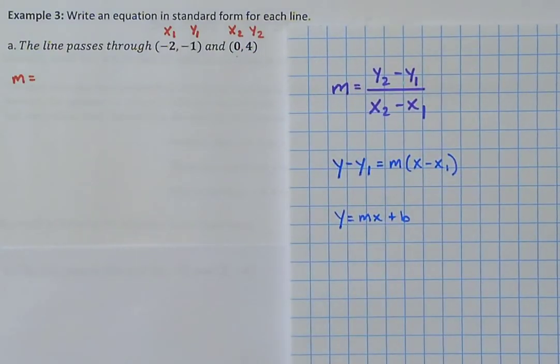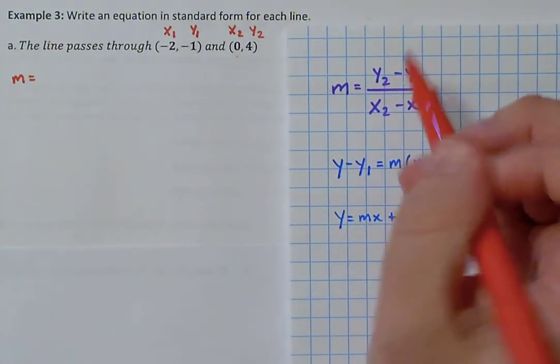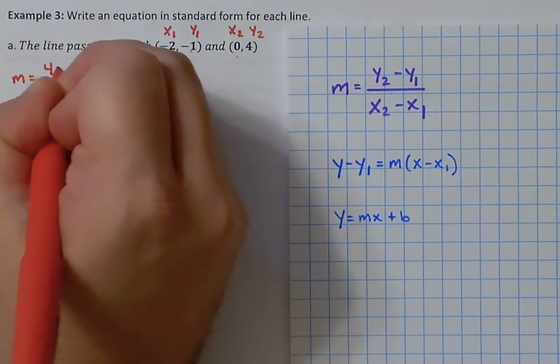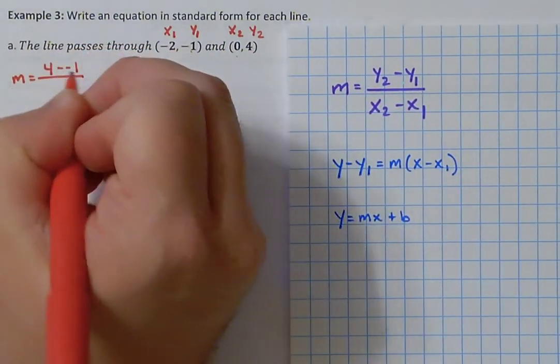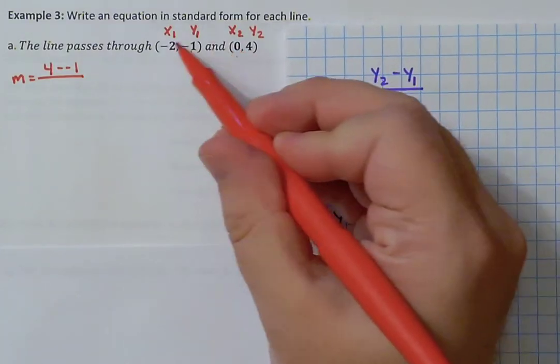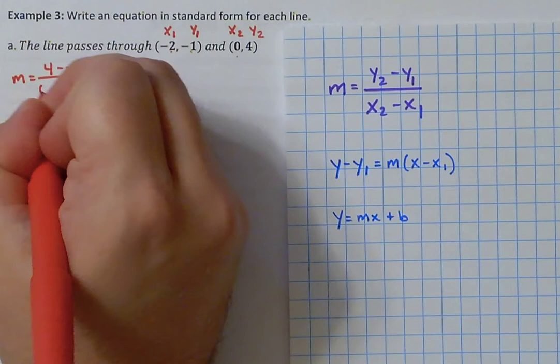So my slope formula is y2 minus y1. So that's going to be 4 minus a -1 over x2 minus x1. So 0 minus a -2.